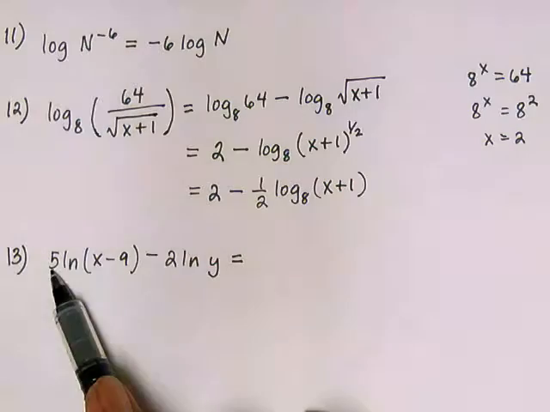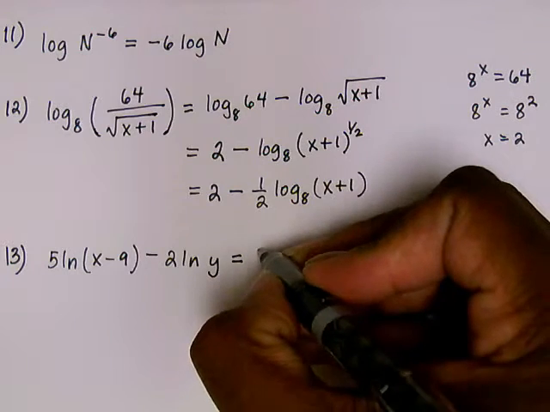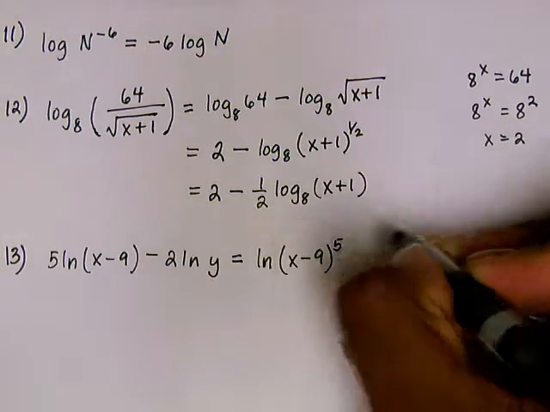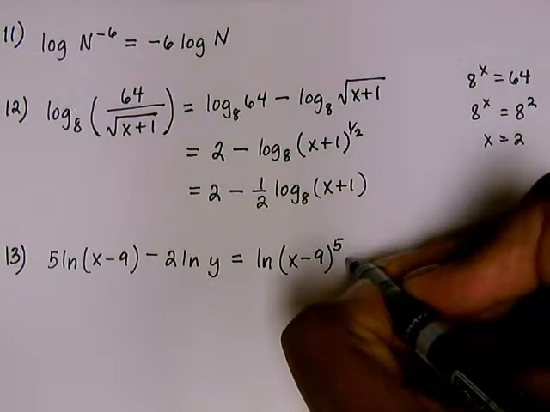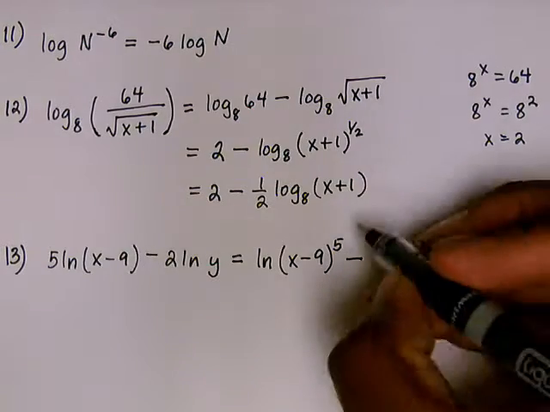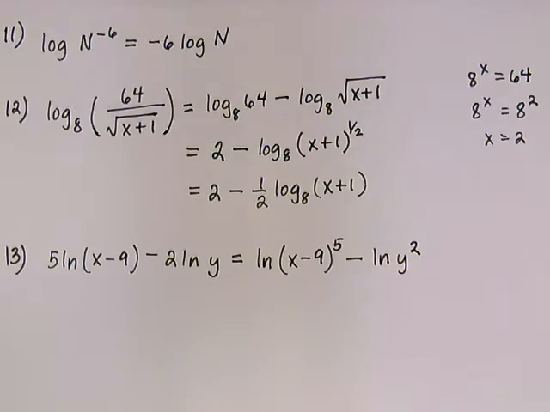That means that this 5 will become the exponent for x minus 9. So I'm going to have ln of x minus 9, and that's raised to the 5th. Minus, now this 2 will be your exponent for the y. So the ln of y squared.